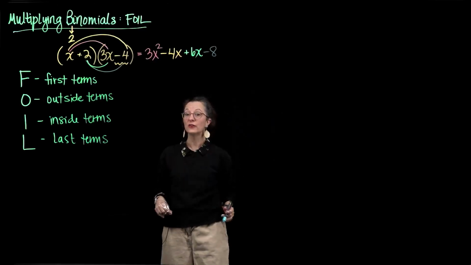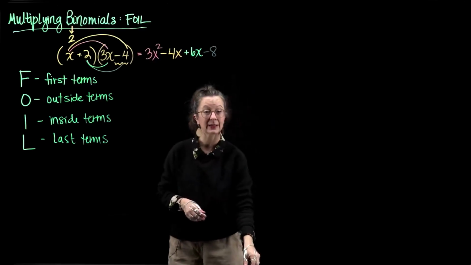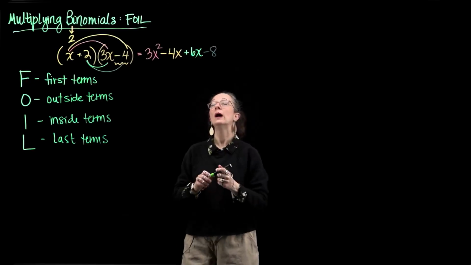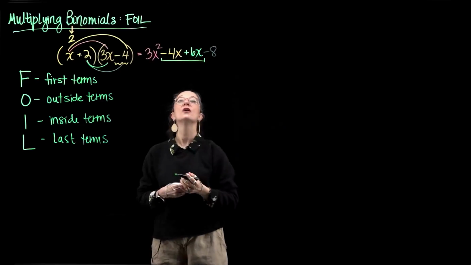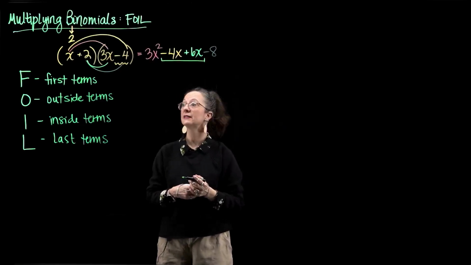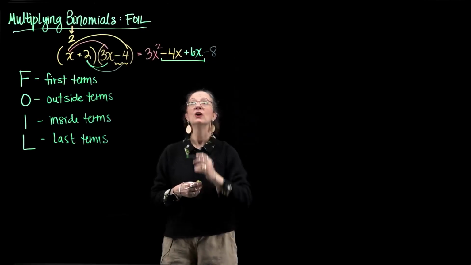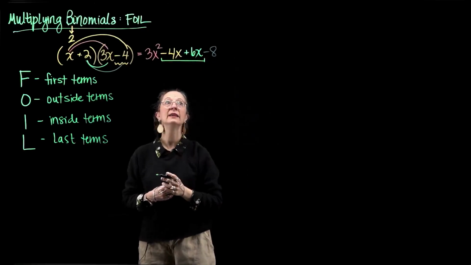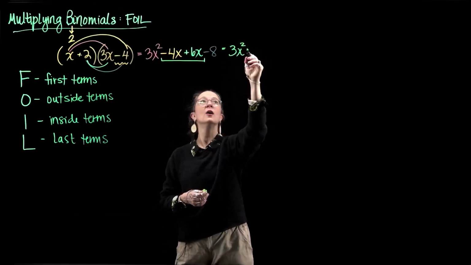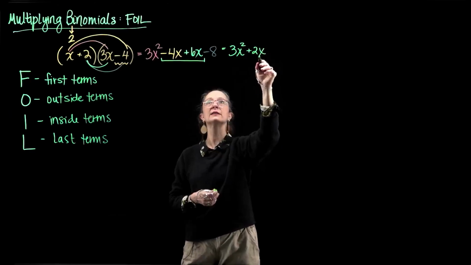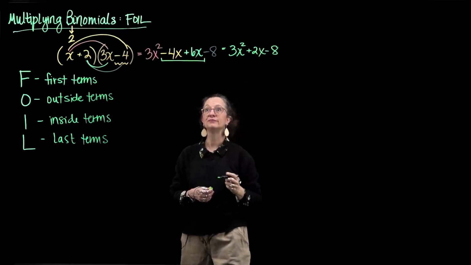Okay, so we've done the FOIL part. Now we just need to collect like terms. Well, our only like terms in this expression are the negative 4x and the positive 6x. So we're going to combine those. I'll have 3x squared plus 2x minus 8.